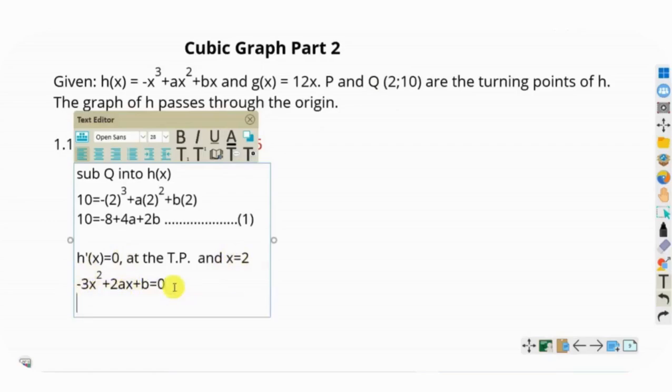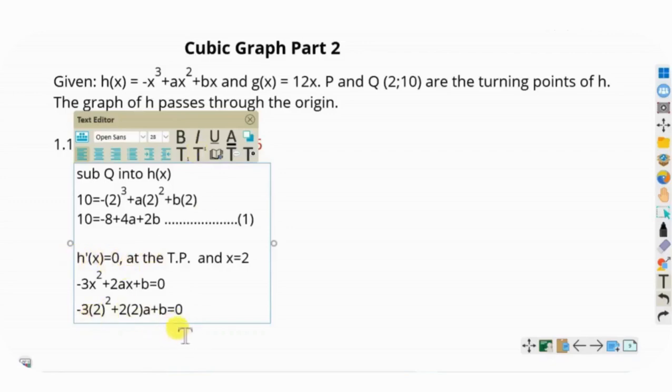Okay, so equals negative 3 times 2 squared, plus 2 into 2 into a, plus b. This equals 0 because this is the gradient at the turning point.